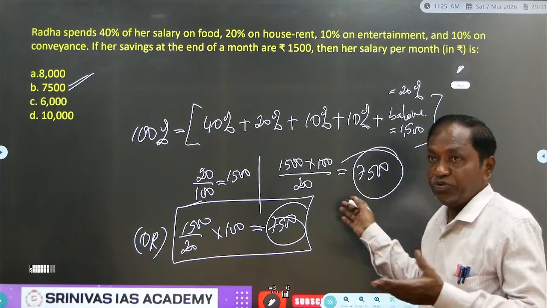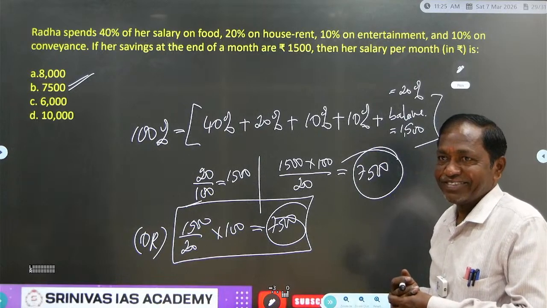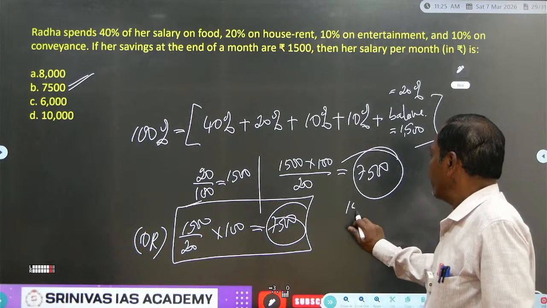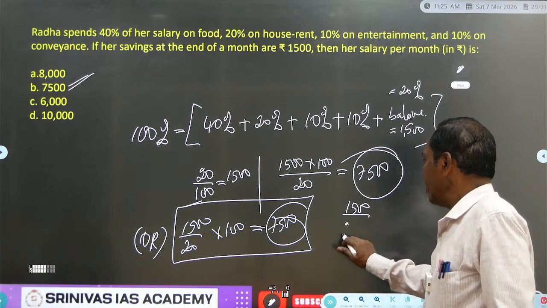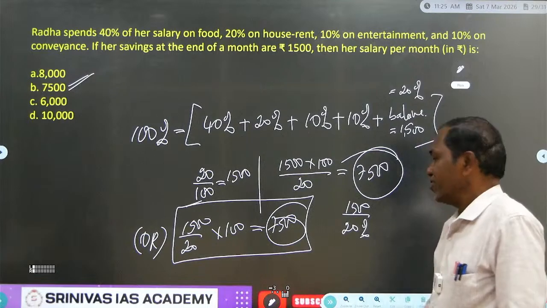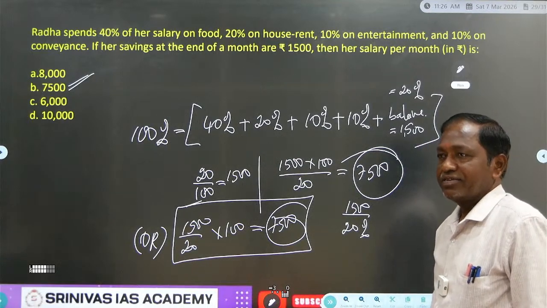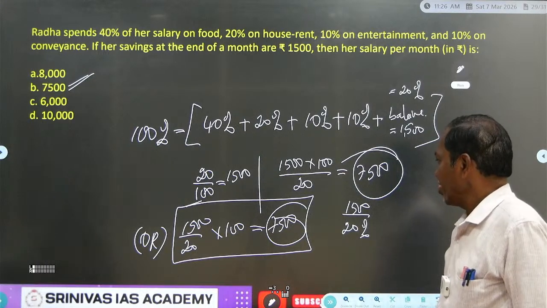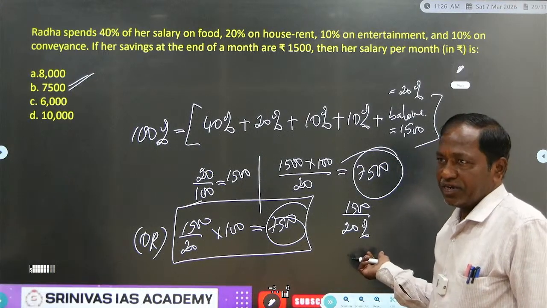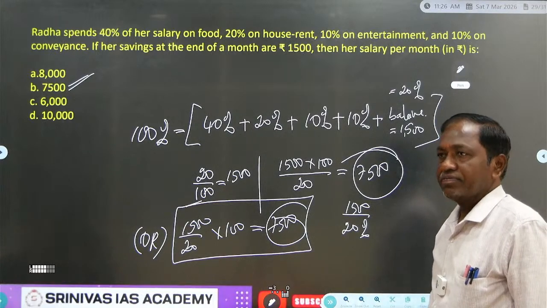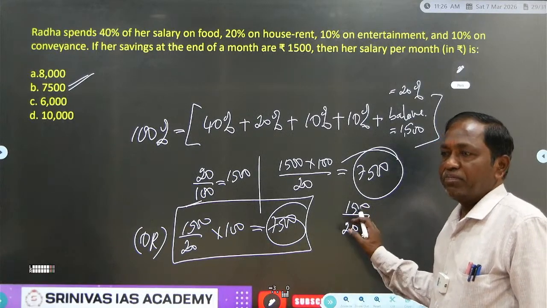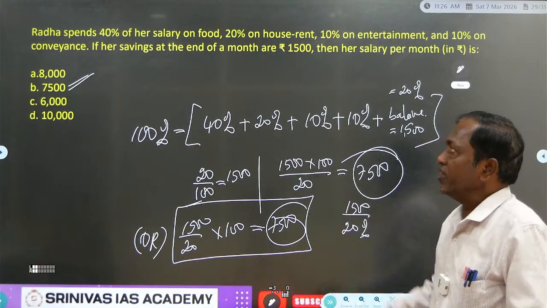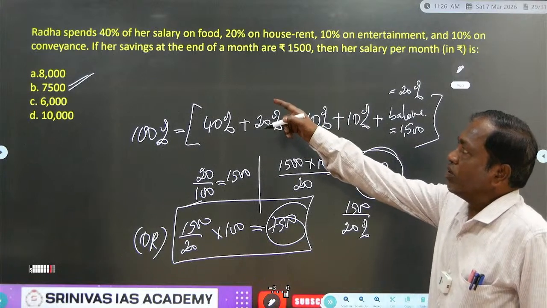That is how you do it in the calculator also, like 1500 divided by 20%. Numbers are known, but if the numbers are odd, you can straight away do it. For example, they may ask, what is 40%?